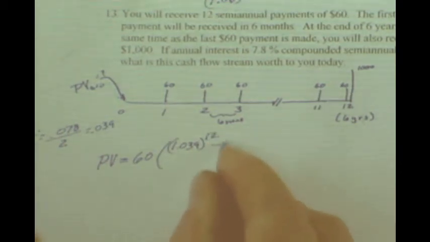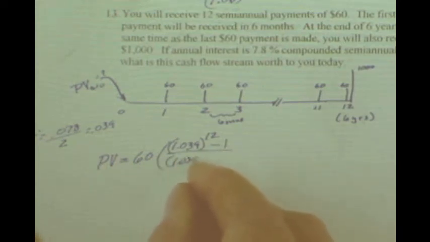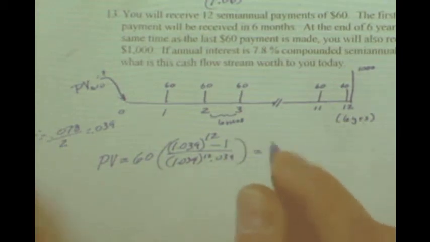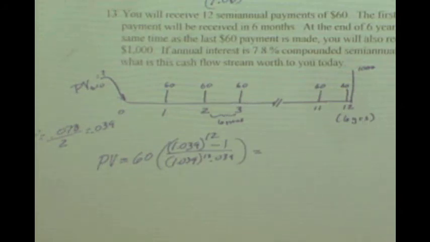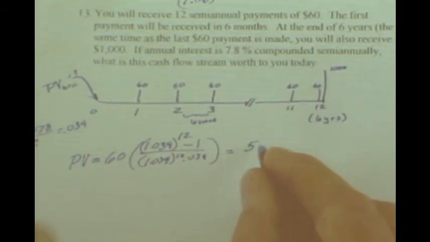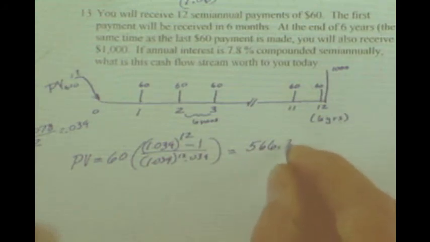There were 12 payments. And I get 566.38.